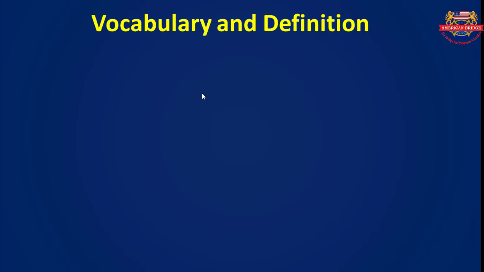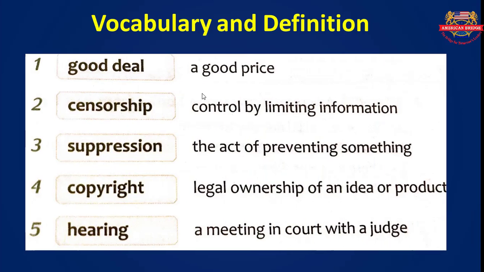Okay, so we have these five vocabulary words. Good deal means good price. Censorship is a control limiting information.